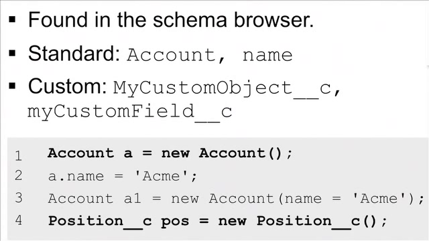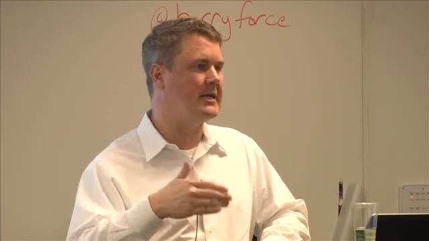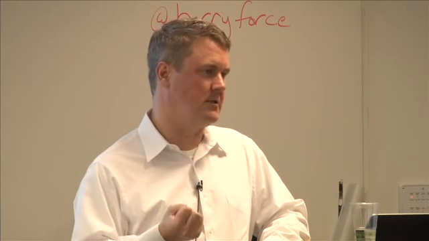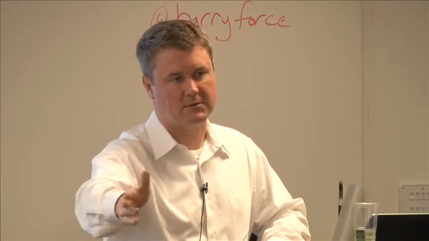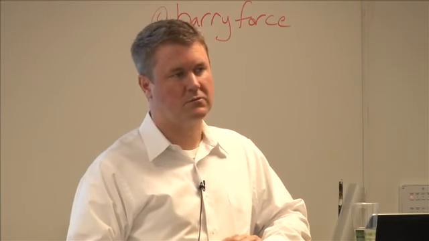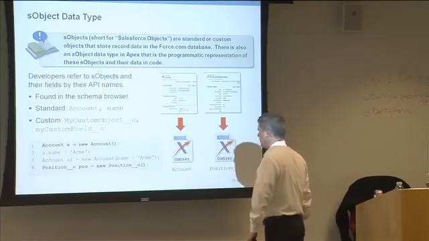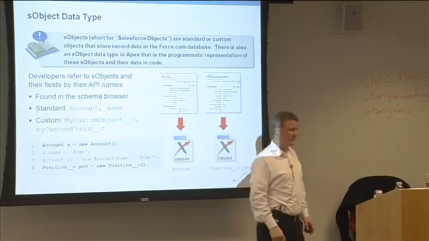Once you've instantiated an S-object, you cannot reset the ID or set the ID, okay? So once you've instantiated it, you cannot say a.id equals this. But when you initialize it, you can say, you know, new account ID equals X, okay? So it's just one of the advantages of using the key value pair as opposed to the dot notation for fields.